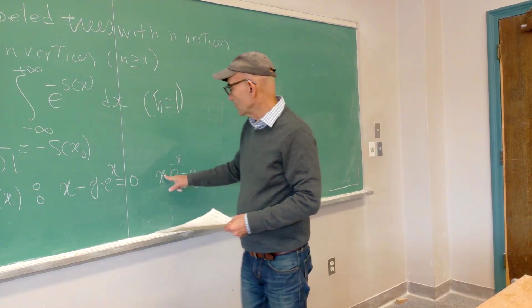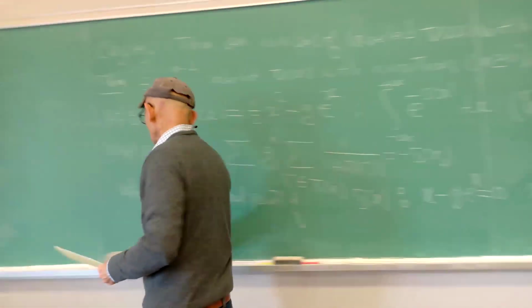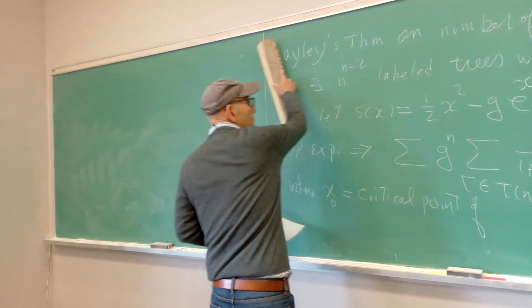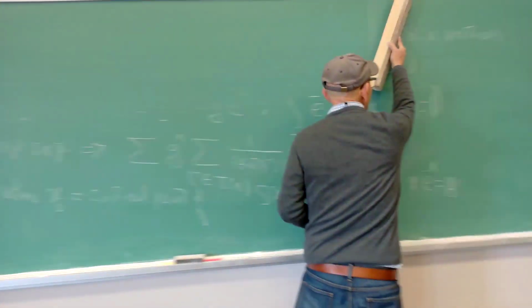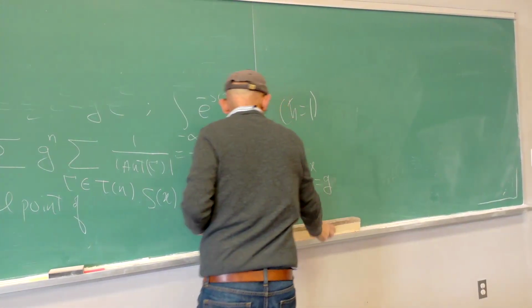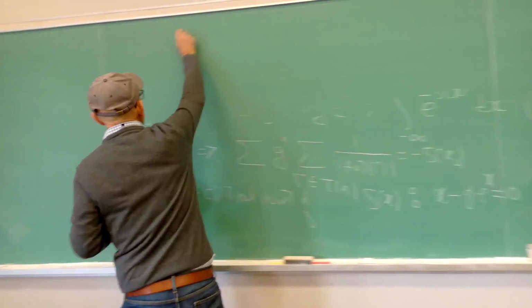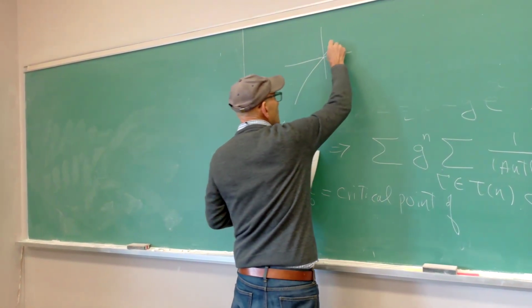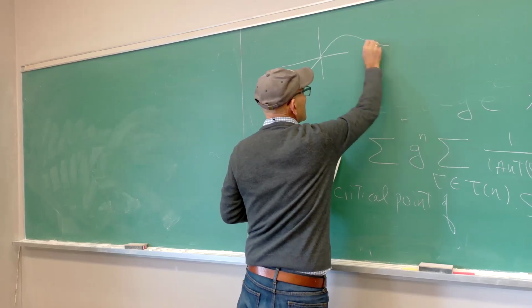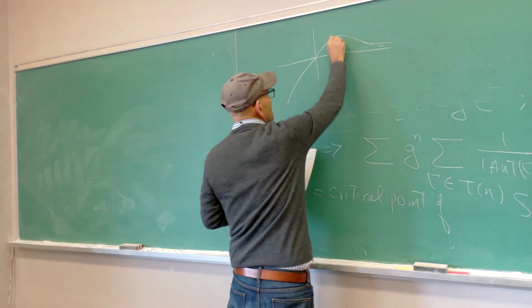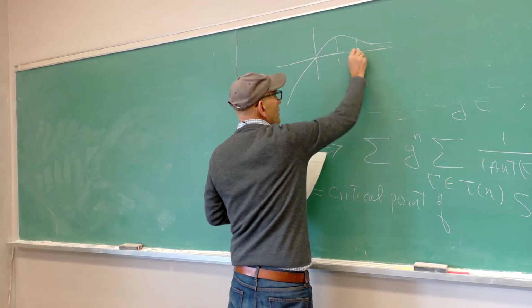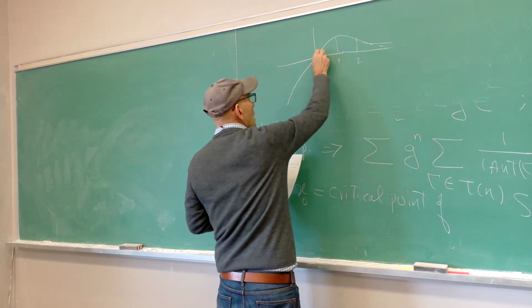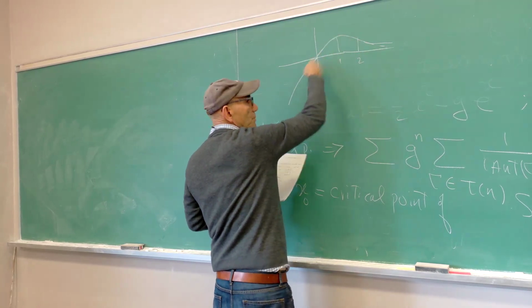If you draw the graph of this function, it goes to zero, and then it reaches the maximum at 1. It has an inflection point at 2. So at least near zero it is invertible.